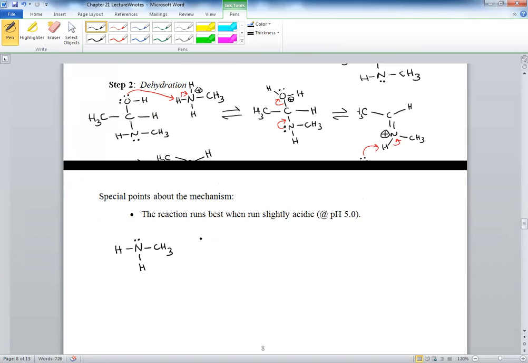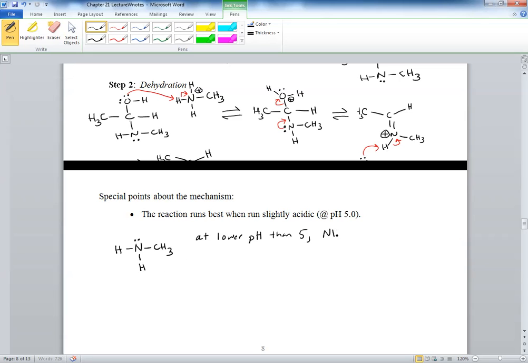If you use a lower pH, more acidic, so at lower pH than 5, what do you think happens to this? This becomes protonated because it's basic. So it's basic to begin with.